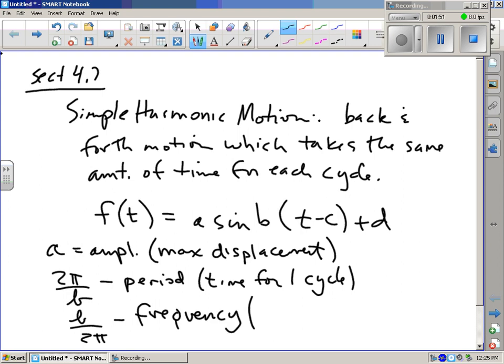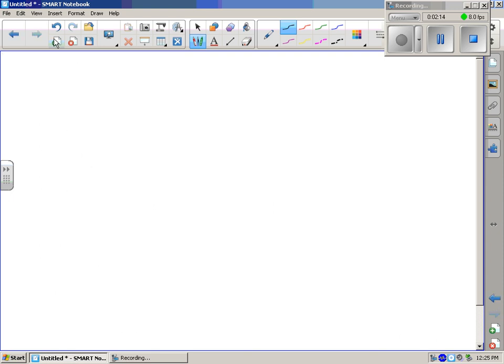Frequency is number of cycles per unit of time. So 2 pi over b is time for one cycle, and b over 2 pi is cycles for a certain amount of time.